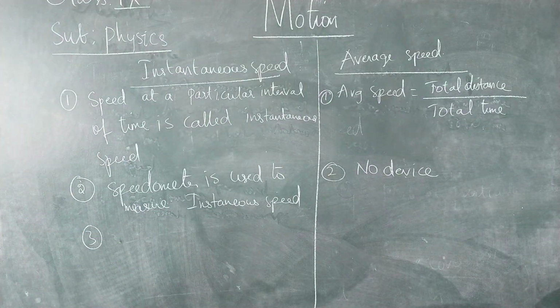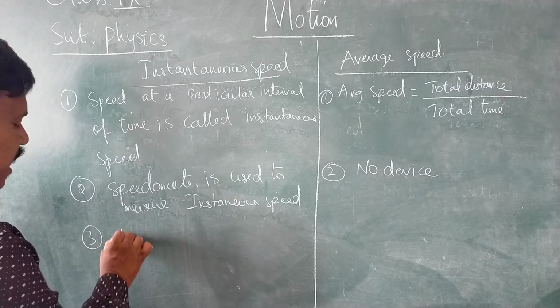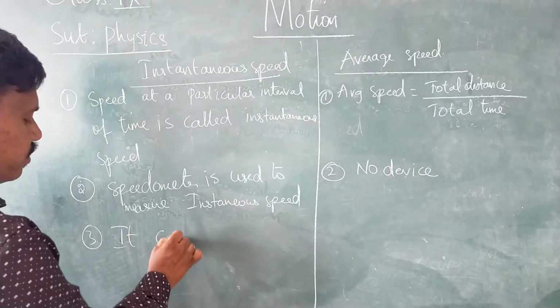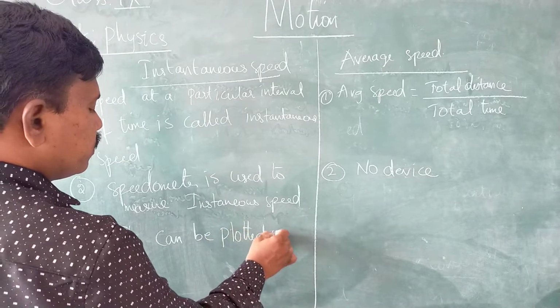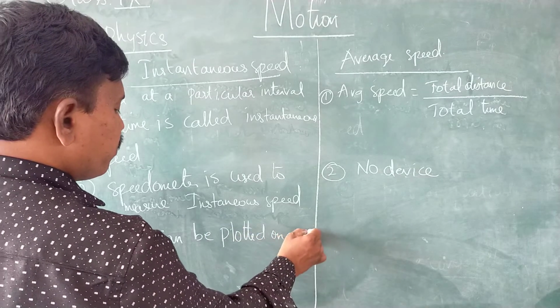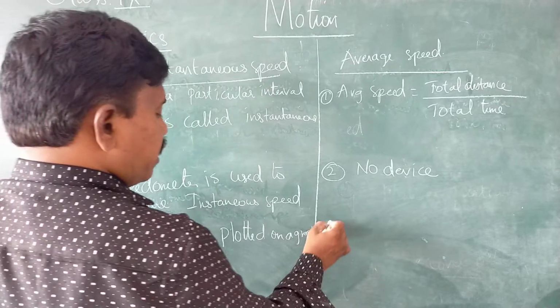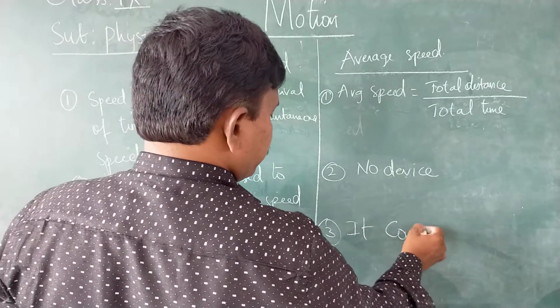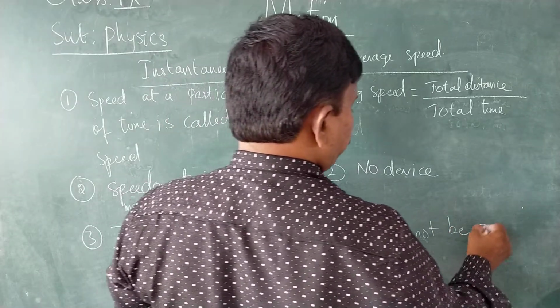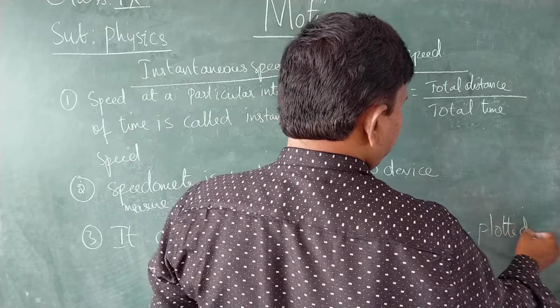Instantaneous speed can be plotted on a graph. Average speed cannot be plotted on a graph.